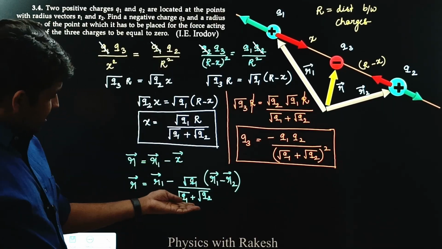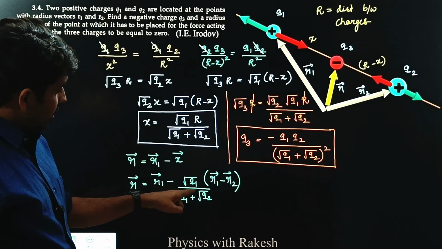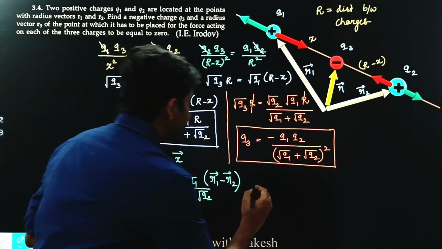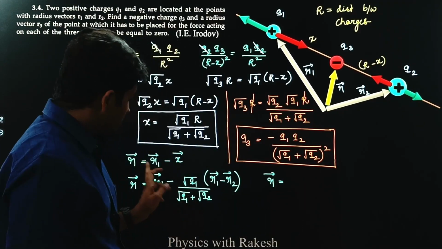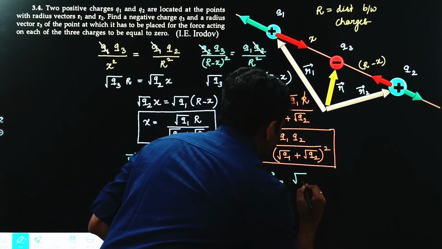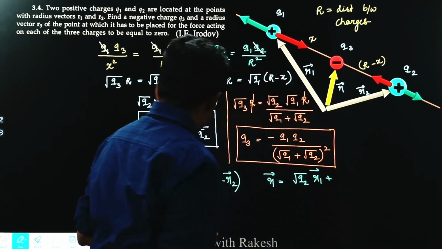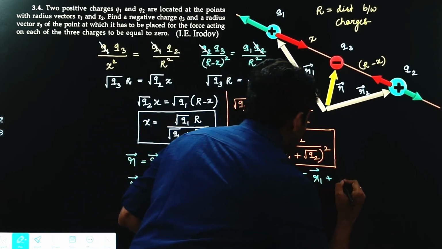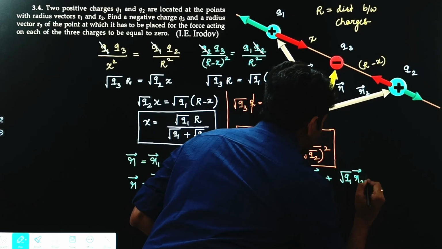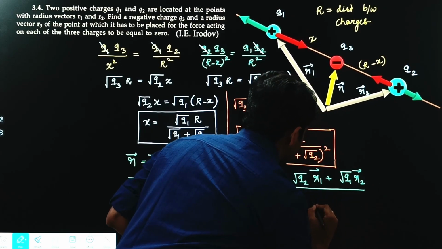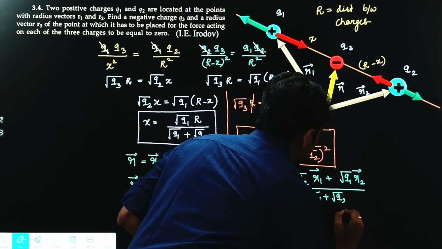Now I'll take this side: root q1 r1 bar and root q1 r1 bar will get cancelled. So we'll get r bar equal to root q2 r1 bar plus root q1 r2 bar divided by root q1 plus root q2.